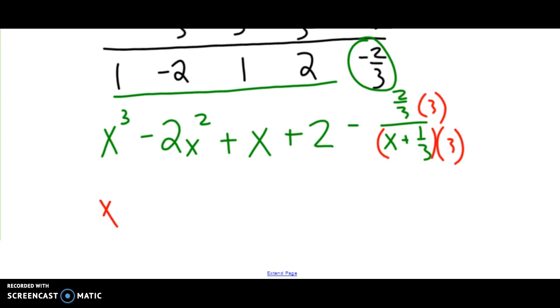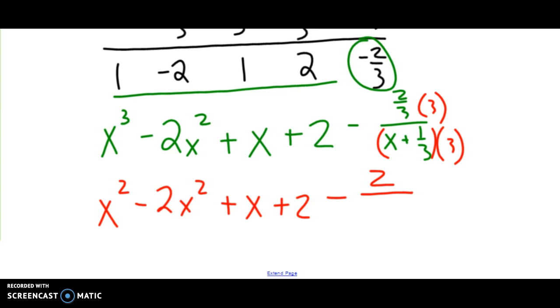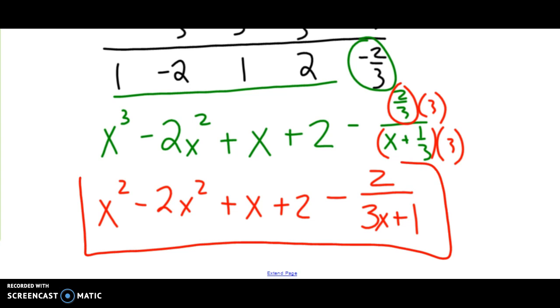What ends up happening is I get x squared minus 2x squared plus x plus 2, and then the minus sign stays there, minus 2 over 3x plus 1. So check it out. This 2/3 now has become a 2 over 3x plus 1 because I multiplied the top and bottom by 3. And so this right here is the final answer that I have when I use synthetic division.